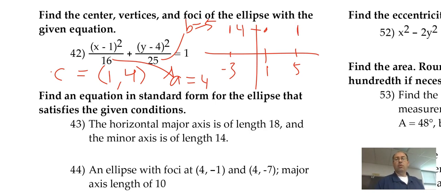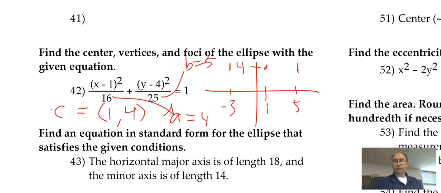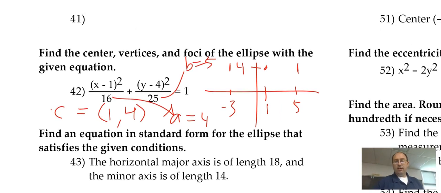So they should have made it like that. And then up 5 and down 5, something like this.